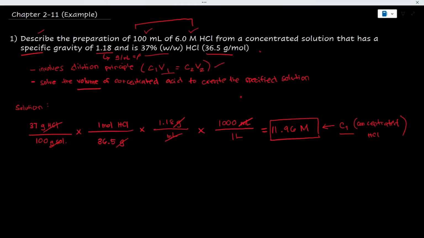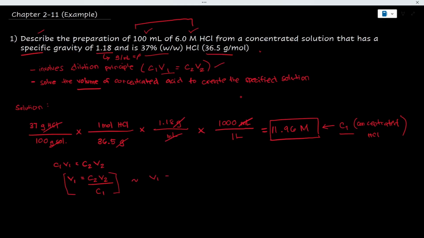With C1 V1 equals C2 V2, we can get V1 by dividing C2 V2 by C1.